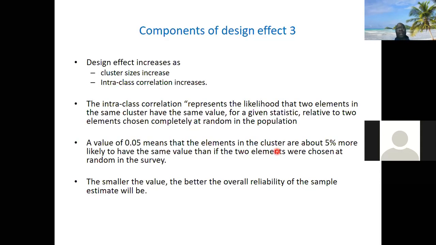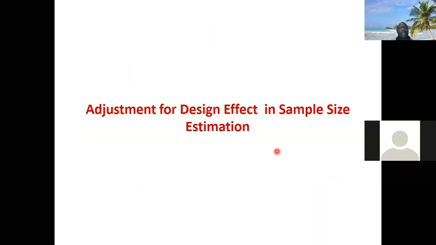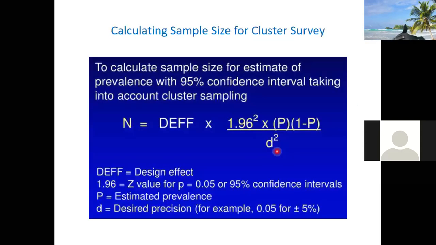So now, we want to quickly see how we make the adjustment for this design effect in sample size estimation. It's very simple. I will not bother us much. If you remember, we have talked much about sample size for a descriptive study. So let's say a single survey, that is only one group, the sample size for a descriptive study.